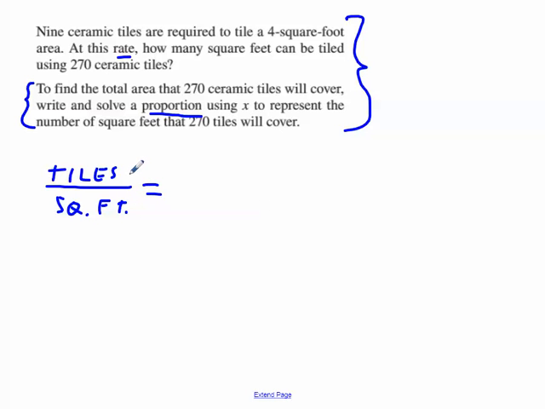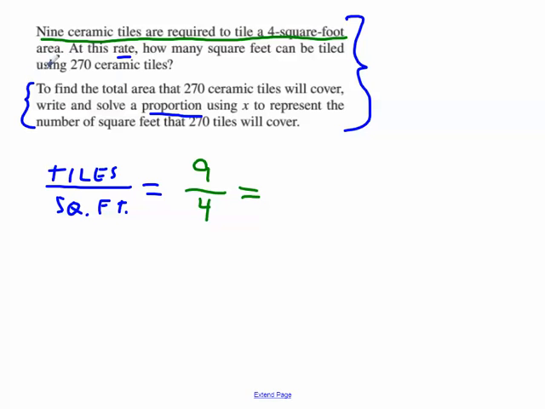Let's see, 9 ceramic tiles are required to tile 4 square feet. So 9 tiles gives me 4 square feet. And I'm going to ignore units right now because we don't really need them. There's our first setup because I know that 9 ceramic tiles cover 4 square feet.